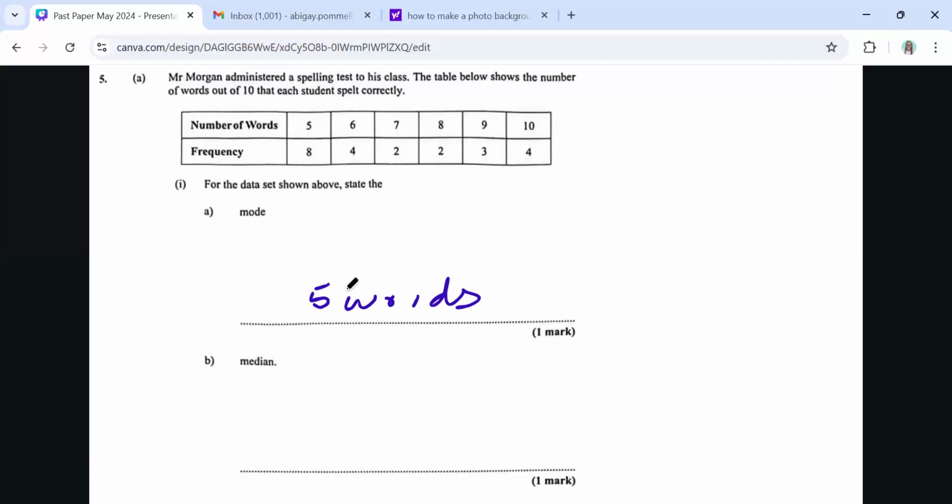Now, it asks us to find the median. And this is a frequency table. That means I would have to add up everything in the frequency table.